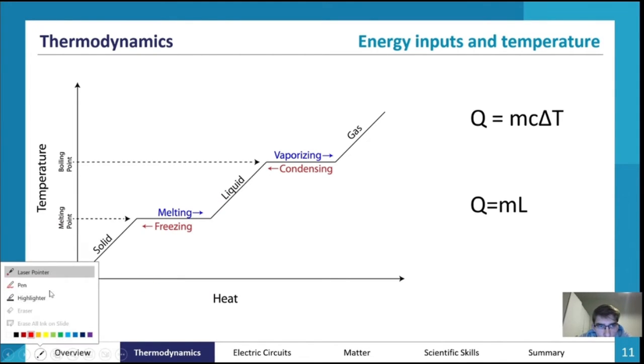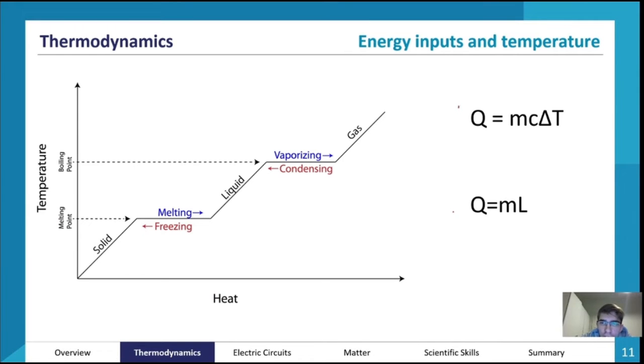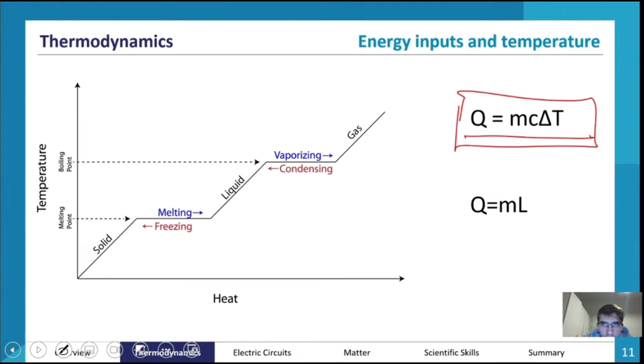Well, let's start with the first equation. Let's learn how to calculate the amount of energy that water is absorbing at each stage. First of all, this equation, Q equal to mc delta T. Q is the energy, which is measured in joules or kilojoules. M is the mass, which is measured in kilograms or grams.